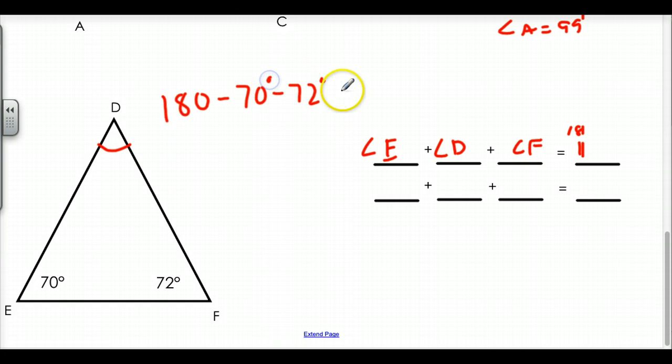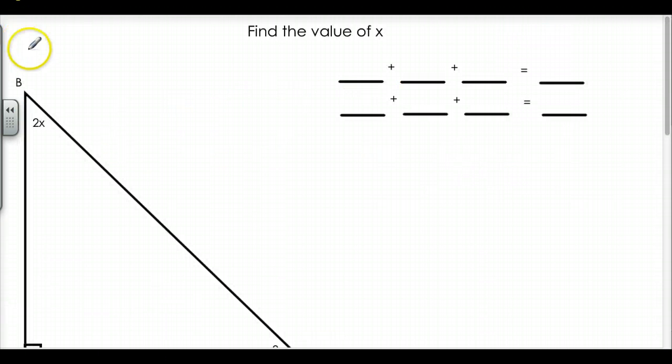If I take those two away, I get 38 degrees. So the missing angle, angle D, is equal to 38 degrees. Beautiful. Just subtract the two other angles from 180 and it will tell you the third missing angle.